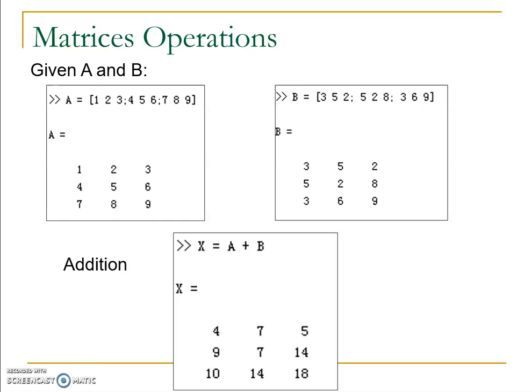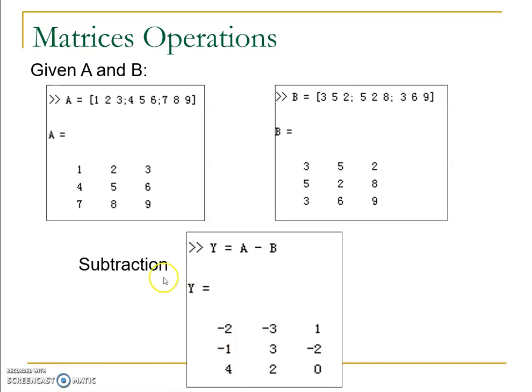Here in MATLAB, we will be adding two matrices A and B, where a new matrix has to be generated with A plus B. And so you have 1 plus 3, which is 4, 2 plus 5, which is 7, 3 plus 2, which is 5, and so on till 9 plus 9, which gives you 18. Similarly, we can move on with the different operations.